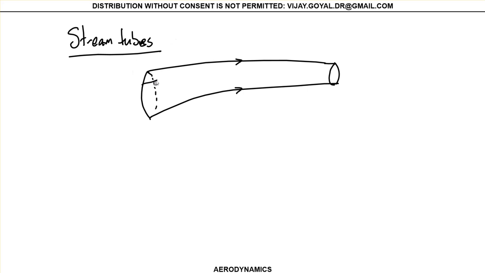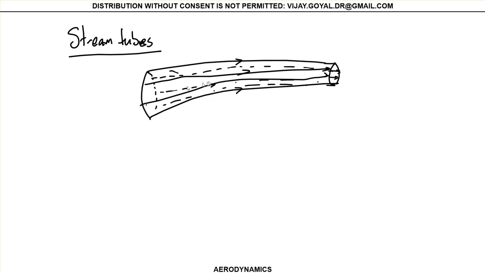You have flows that go along this. And then you also have flows on the opposite side, right? They actually go around the tube.